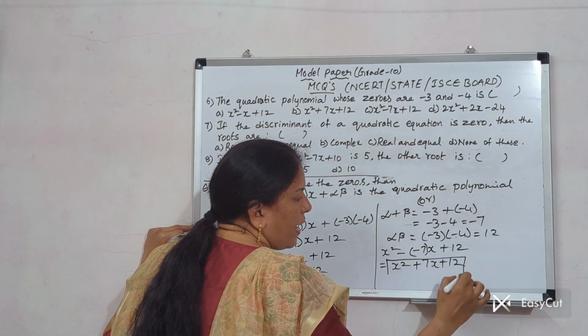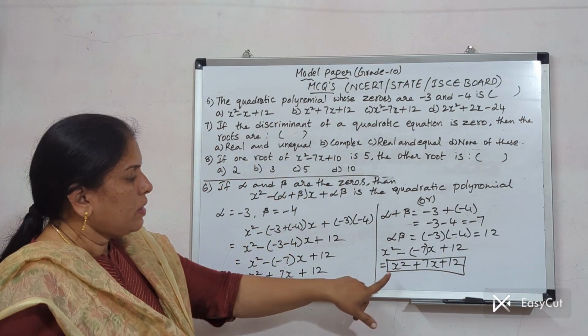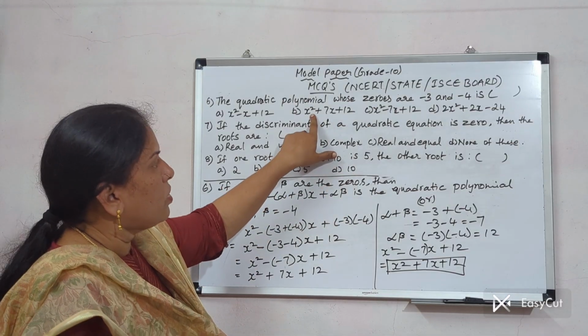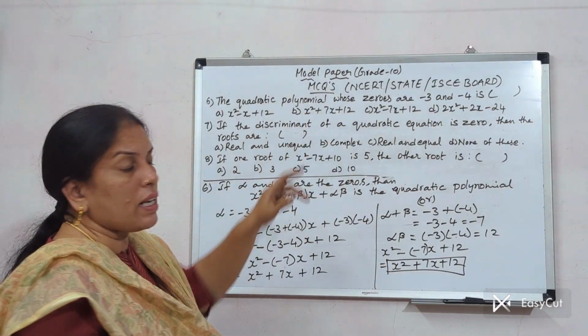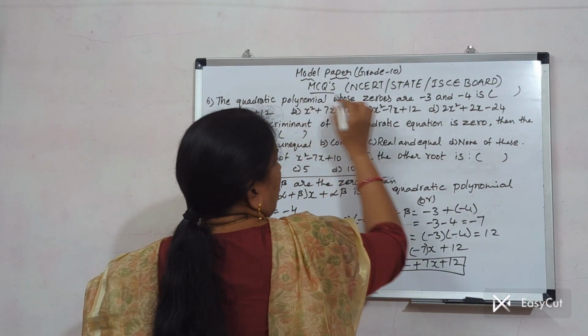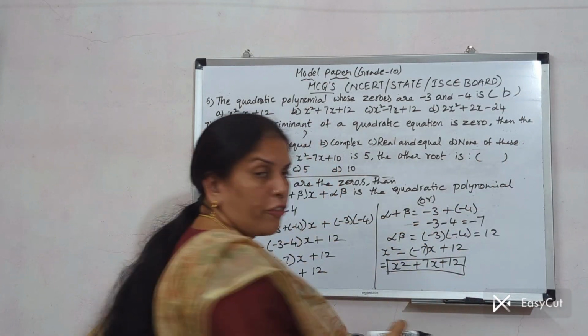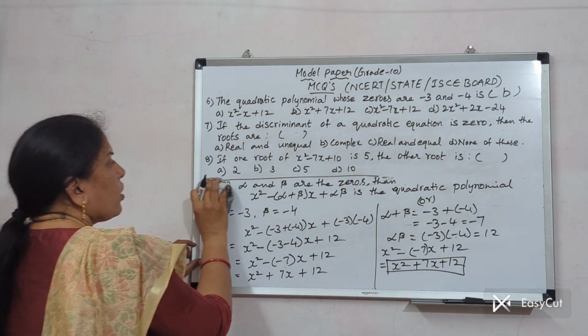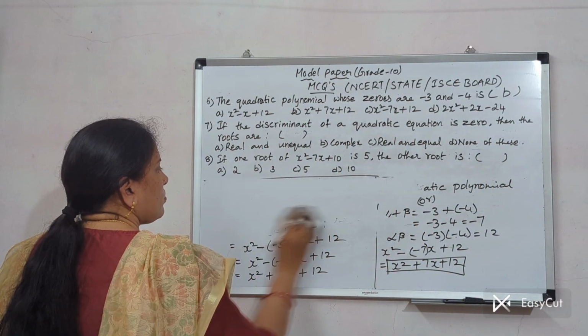This is the required polynomial. So what is the answer? B is the correct answer. All of you understood? We'll go to the next question.